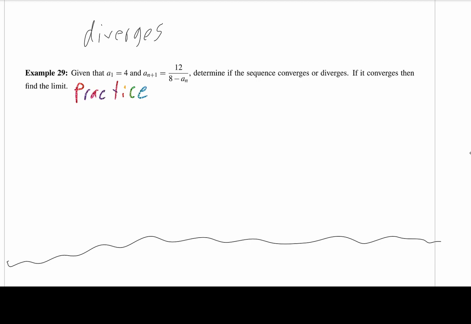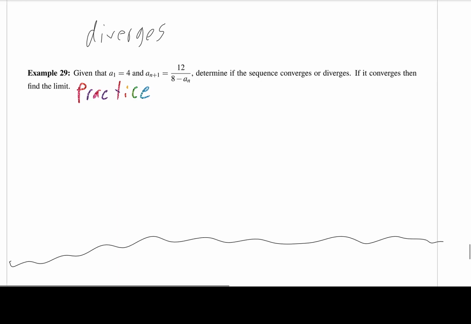If we're determining it converges, we can probably use our monotonic sequence theorem, so go ahead and see if you can use that. And now I want to see, what does it converge to? If I'm telling you it converges, that means the limit as n goes to infinity of a sub n is equal to L.